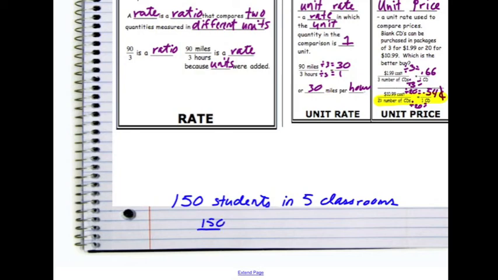If I have 150 students compared to 5 classrooms, I want to know how many are in 1 classroom. Well, I can divide by 5 to equal 1. So I divide my numerator by 5, and I get that there are 30 students per class.